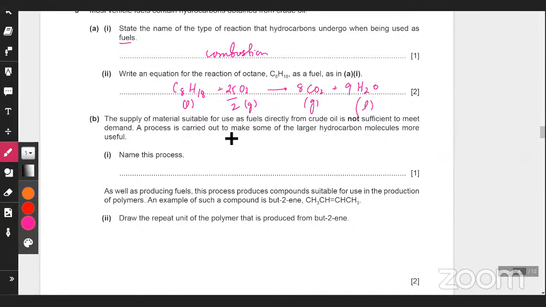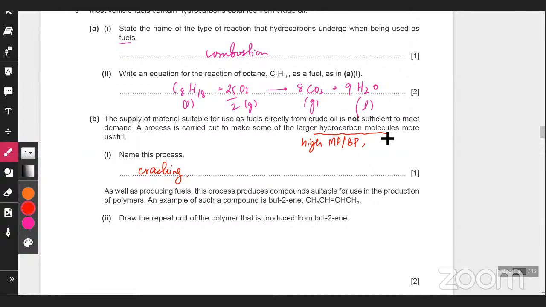Next one: supply of material suitable for use as fuel directly from crude oil is not sufficient to meet demand. A process is carried out to make some of the larger hydrocarbon molecules more useful. This is cracking of long chain hydrocarbons. I'll briefly explain what cracking is. You have large hydrocarbons. The problem with large hydrocarbons is that they have high melting and boiling points, which means they are probably solids or semi-solids, wax-like, because they have more van der Waals forces.